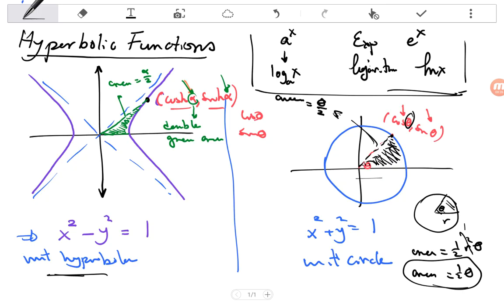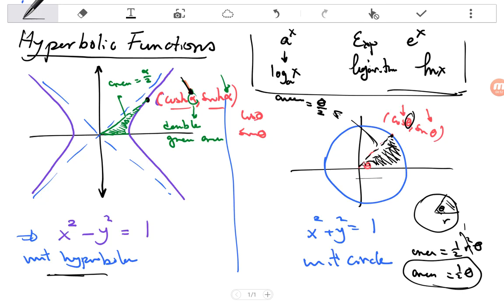So in both cases, the parameter is just double that area. When you connect the point to the origin and you calculate the area to the x-axis, that area is just half of the parameter, or in other words, the parameter is just double that area.